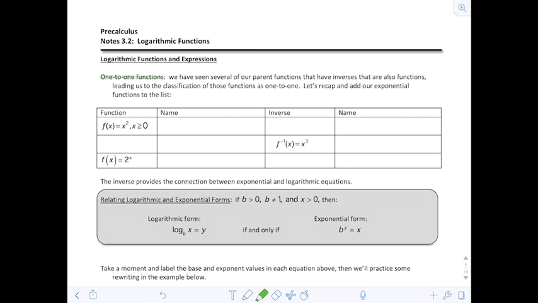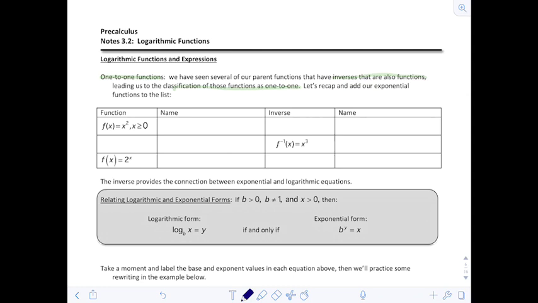So we've seen several of our parent functions that have inverses that are also functions, leading us to classify them as one-to-one. If we recap some of our parent functions and exponentials, we can see that come into play.